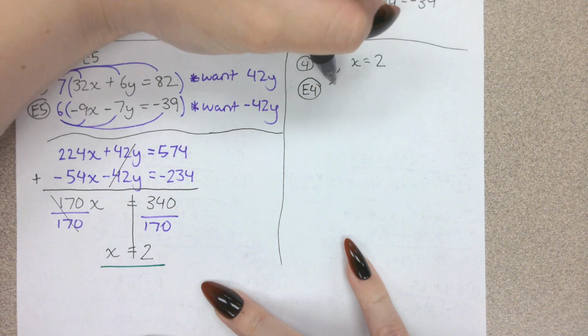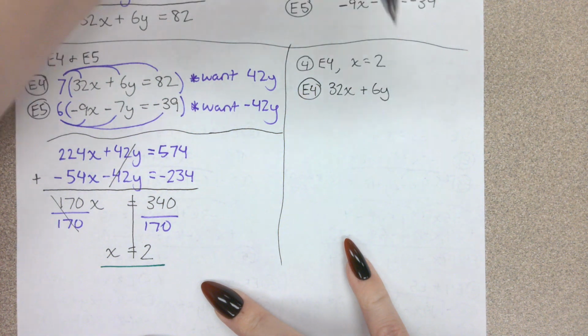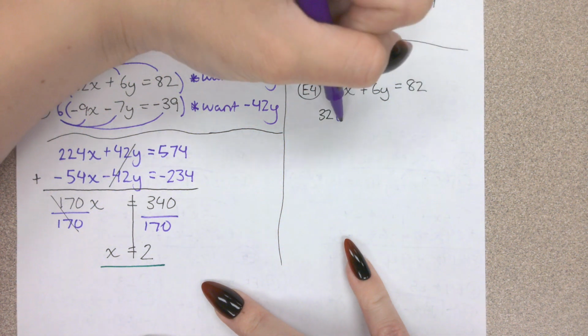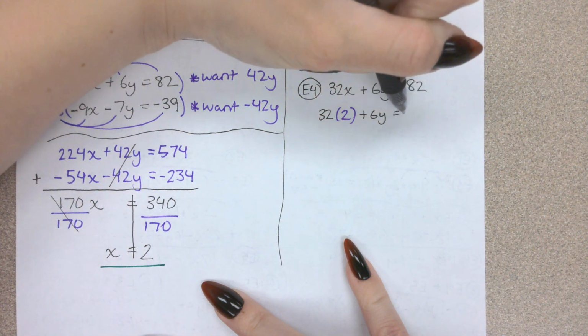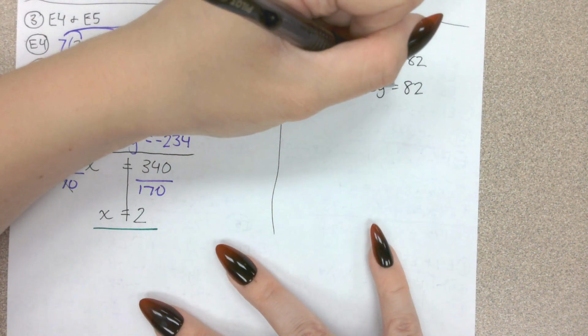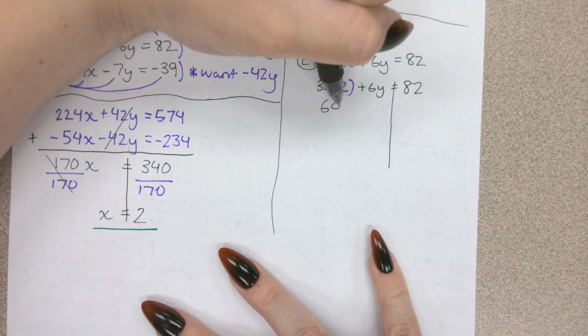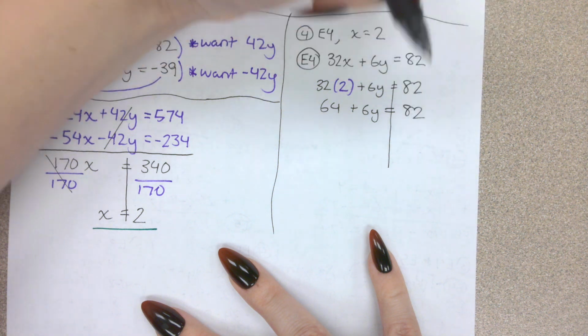E4, 32x plus 6y equals 82. 32 times x, which is 2, plus 6y equals 82. 32 times 2, that is 64, plus 6y equals 82.